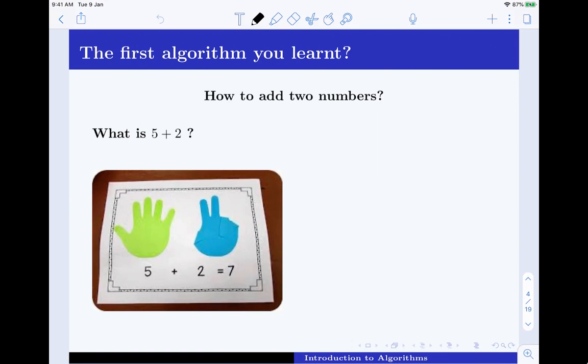For example, how do you add two numbers which are both more than 10, say 11 plus 12? The problem is that in the algorithm for adding numbers using your fingers, you are restricted to just 5 fingers in each hand. So there is a restriction on the number of resources that you have.